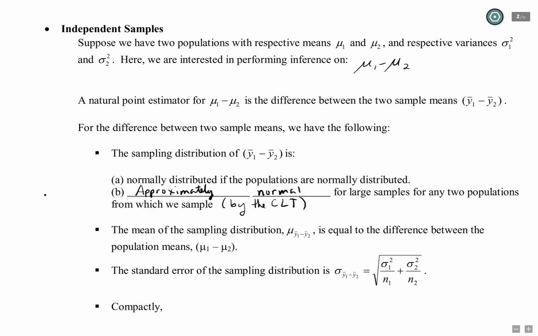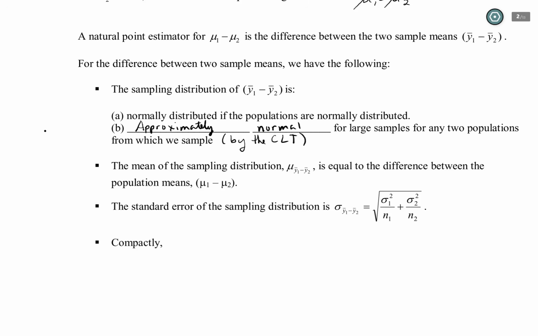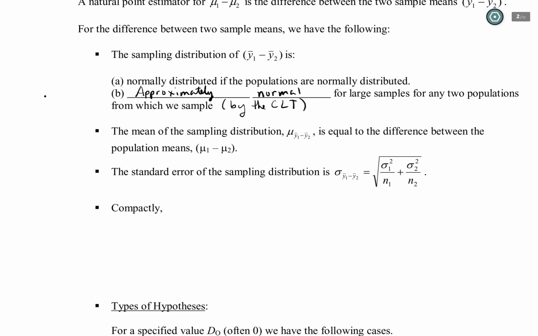So basically, the difference of two sample means, if they come from independent samples, is going to be normal if the populations that I'm sampling from are normal, or it's going to be approximately normal if my sample sizes are large. Also, that tells us something about the shape of the distribution of the difference of the sample means.